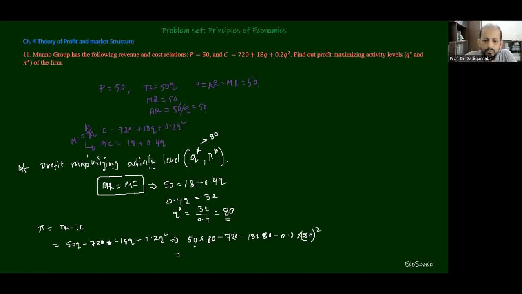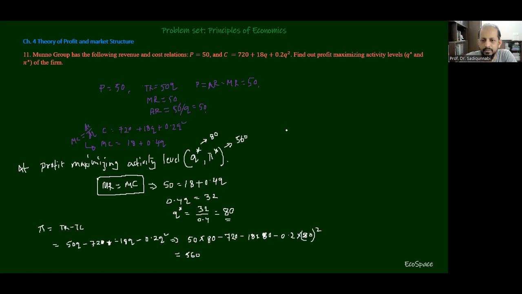Which is equal to, by using the calculator, we can find that this is 560. Okay. So this is our pi star, 560.